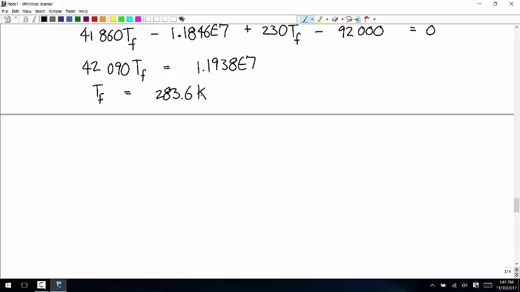Okay, so now what we have is just two states, but so far we don't know that one happened spontaneously from the other one or whatever. But now what we need to do is use the entropy balance. So you can think of it this way.